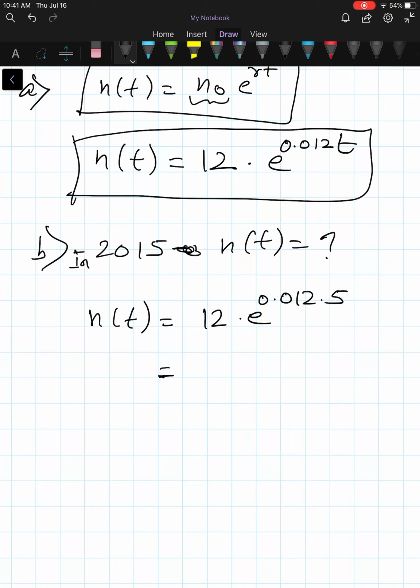Because you have to express that in millions, this would be 12.7420 million. Or if you write it as a whole number, this times 1 million.